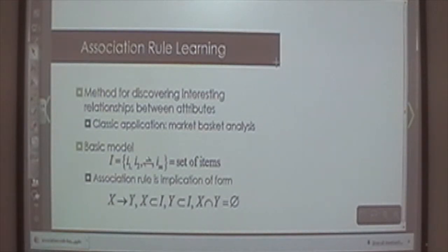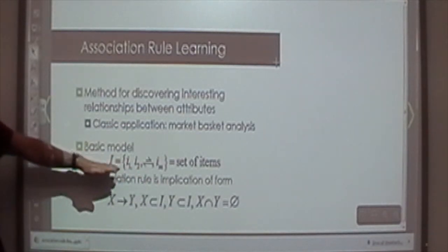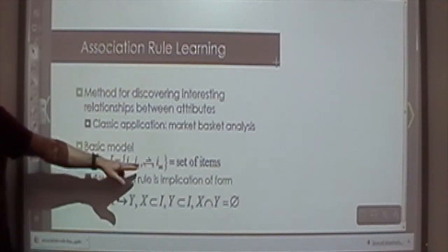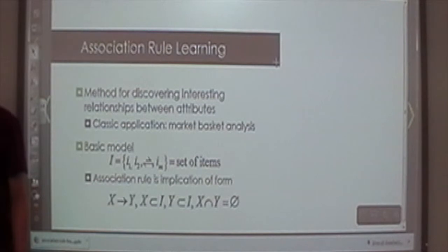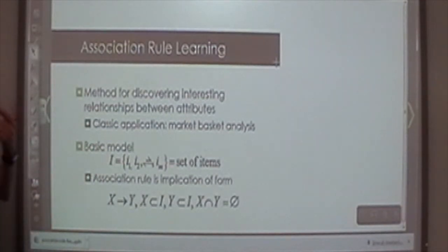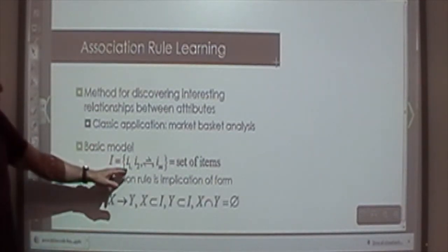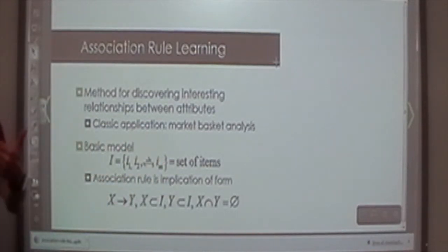So we're going to start off with a formalism, a basic model. I is going to be a set of items I1, I2 up through IM. Those double reverse arrows, somehow PowerPoint translates into those weird arrows, I keep forgetting about that. We'll go through an example.